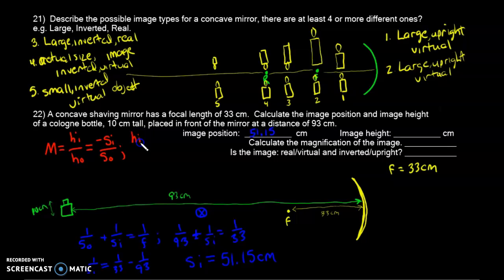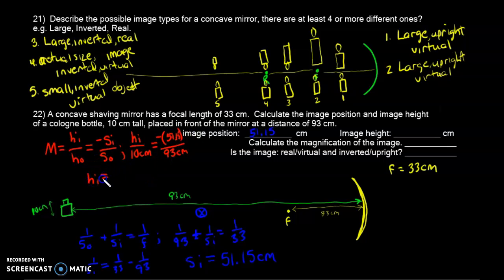So HI over the height of the object, which is 10 centimeters, equals negative 51.15 over the distance of the object, 93. I should have left the units out there to make it a little bit easier.